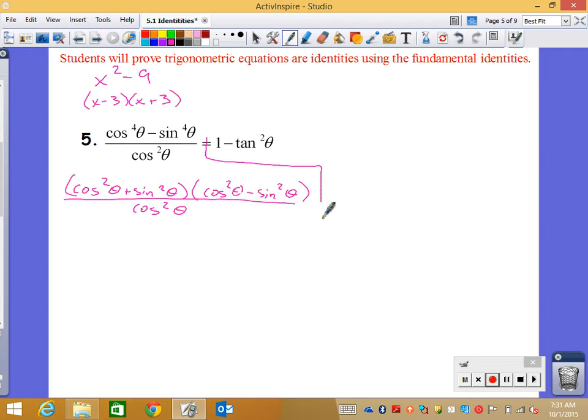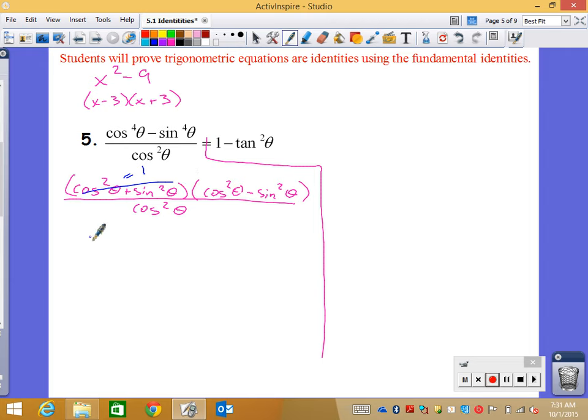My line's going to go over here now. Notice, back to my Pythagorean identity, cosine squared plus sine squared is equal to 1. So that just goes away. We don't even need to write it anymore.